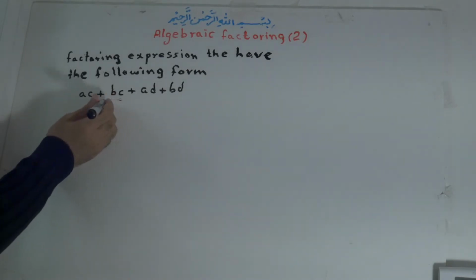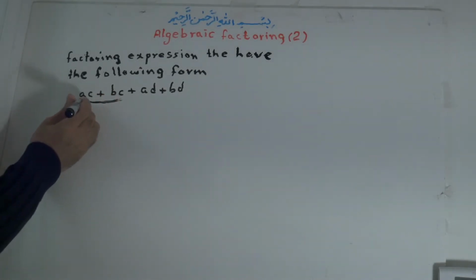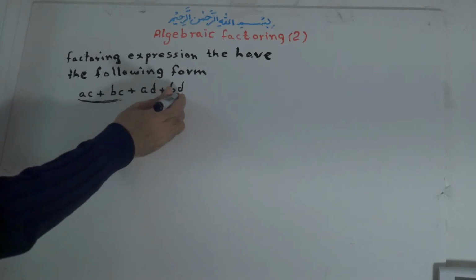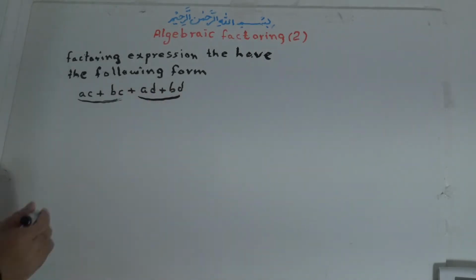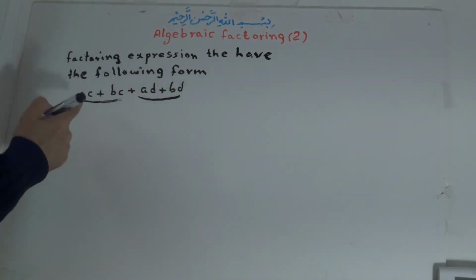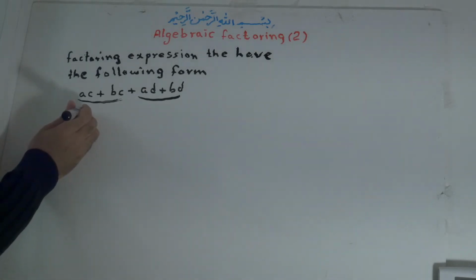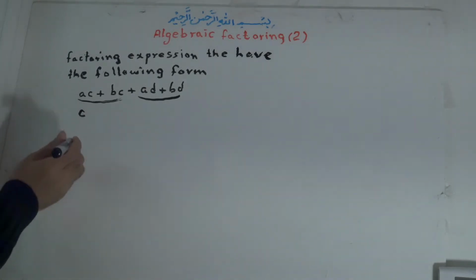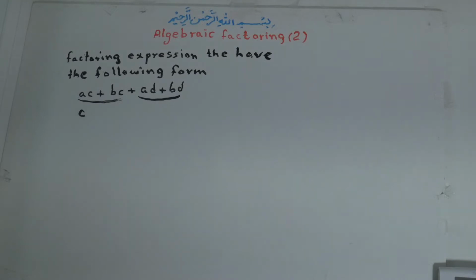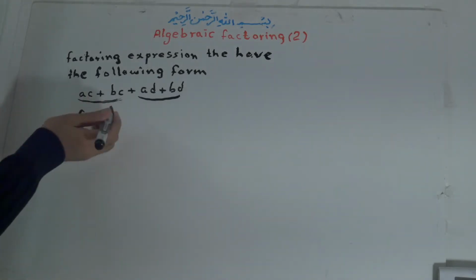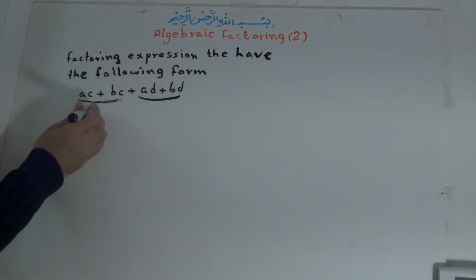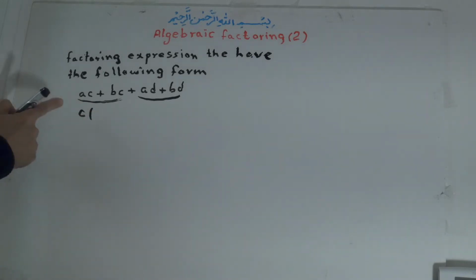We separate into two groups, this two and this two. Now in this one, the common factor is C. When we remove C and put it out, what remains here?